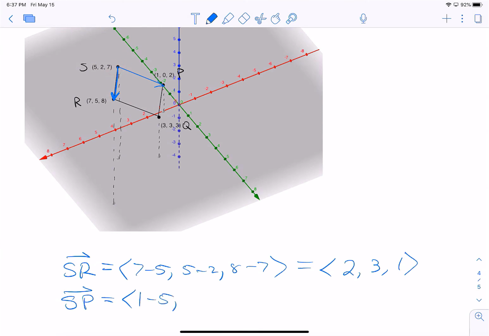Well, I already made a decision to make the other one positive, this one negative, whatever. 0 minus 2, and then 2 minus 7. So this vector has components (-4, -2, -5). For ease of writing, I'm going to call the vector SR A, and then the vector SP I'm going to call B.